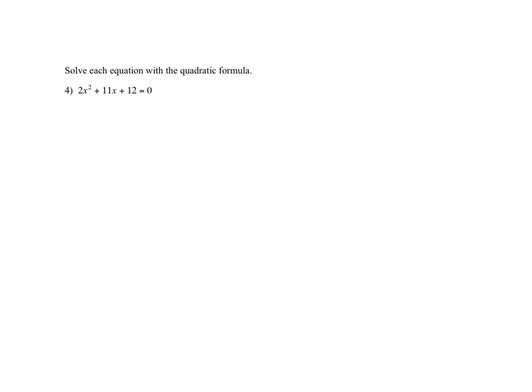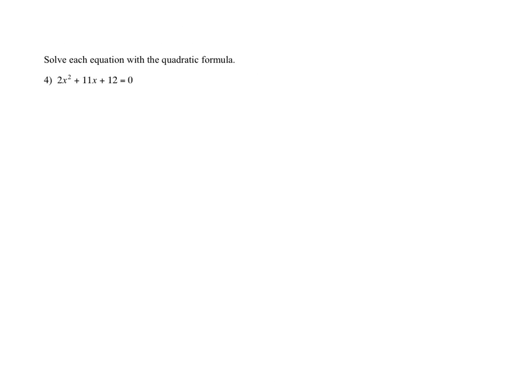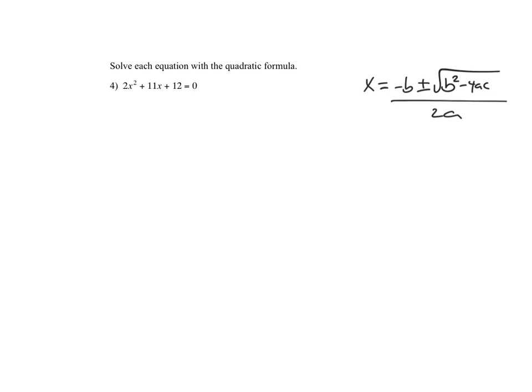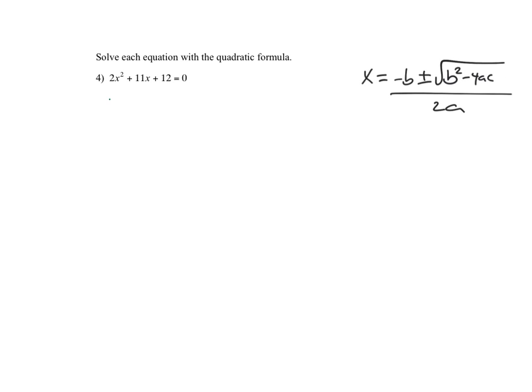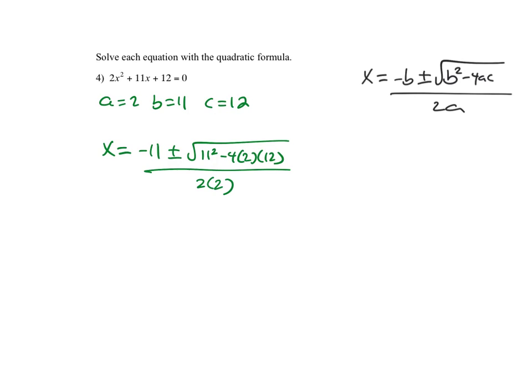And now I'm going to use the quadratic formula. Again, my quadratic formula is x equals the opposite of b plus or minus the square root of b squared minus 4ac, divided by 2a. Okay, so first of all, a is 2, b is 11, c is 12. So x equals the opposite of b, so negative 11, plus or minus the square root of 11 squared minus 4 times 2 times 12, divided by 2 times 2.